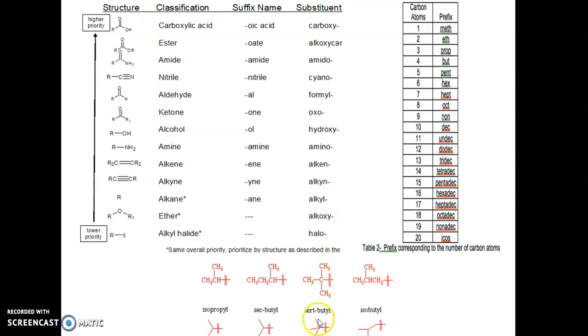Similarly, the isobutyl group you can write as CH3, CH3, CH3, CH3, CH2 bond, CH2 bond. Clear? So these are the different prefixes and suffixes used for different functional groups when they are acting as the main functional group and when they are acting as a substituent.